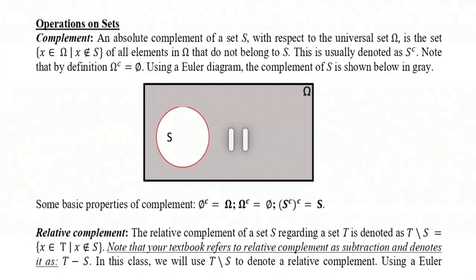This is the symbol. Whenever you see that, it's talking about relative complement. It means I'm interested in elements from T, but not from S. Another way I can put this is T minus S. You can see which one has a minus: the set that has a minus is the one we are not interested in.